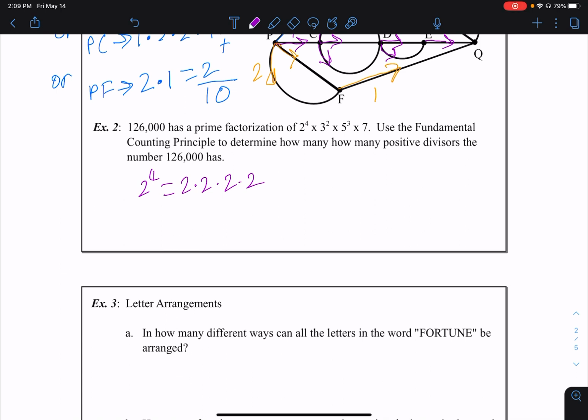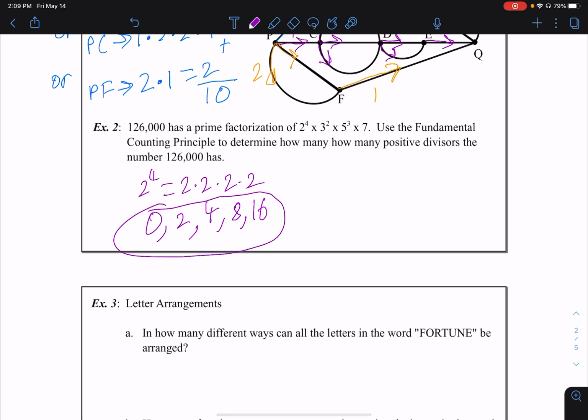So you can either have just 2, you can have 4, you can have 8, or you can have 16, or you can have no 2's, so just 0. And so that is 5. So that means we say 5 different 2 options.